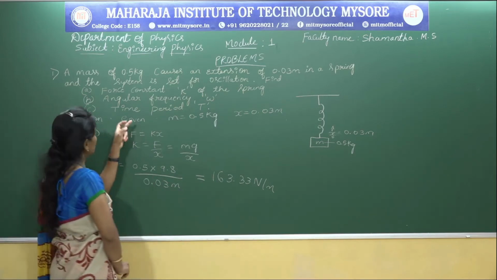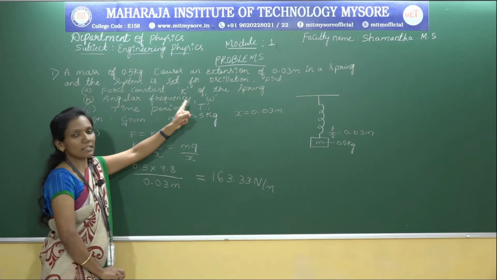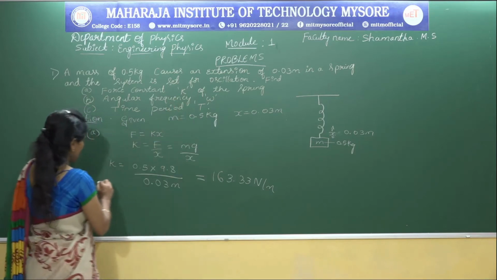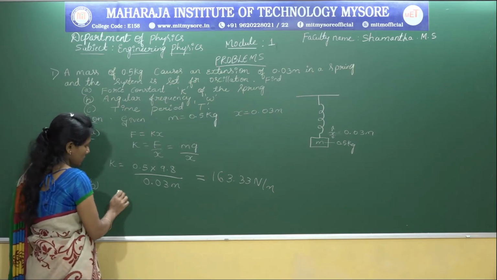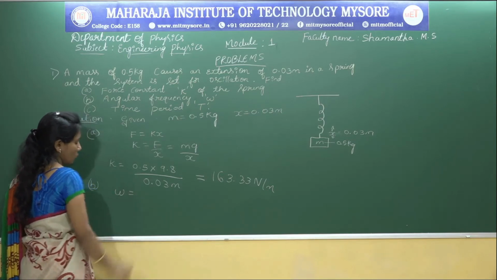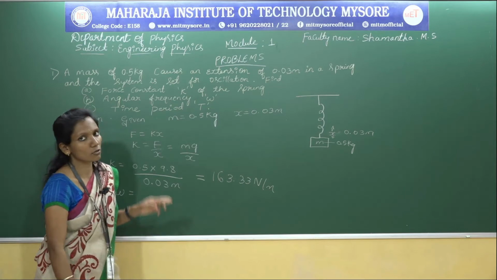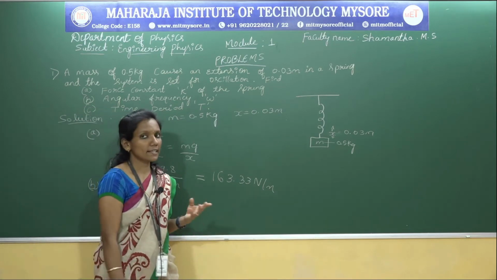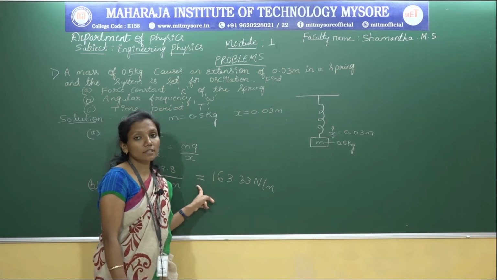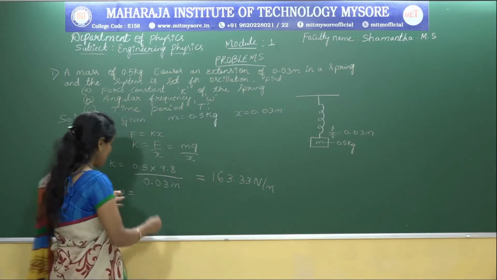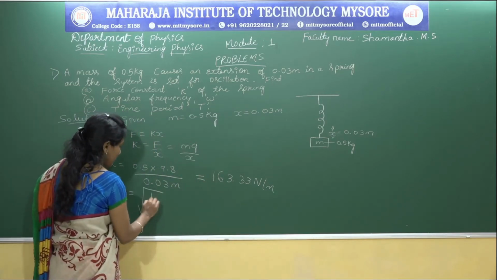Next, we have to calculate the angular frequency. What is the formula? We have omega is equal to 2 pi f, and we have the formula for omega in terms of the spring constant, omega is equal to root of K by m.